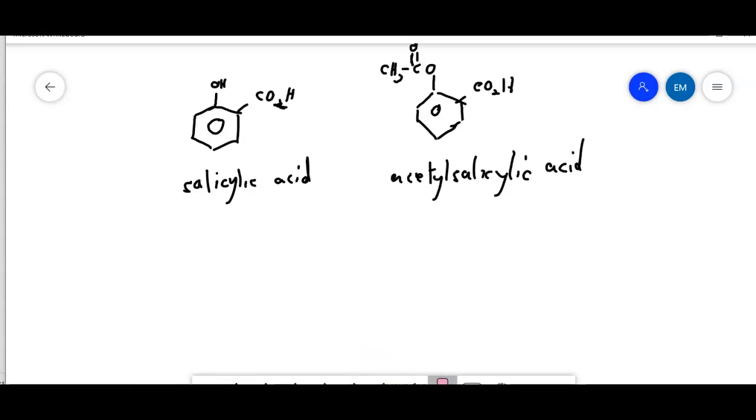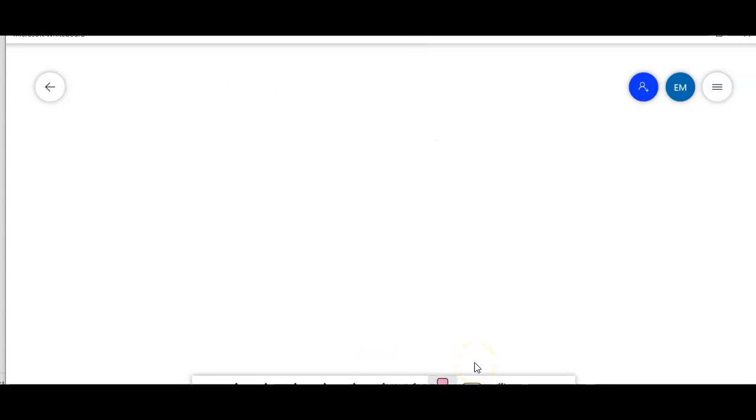To erase the whiteboard. Propanoic acid and methanol, methyl alcohol, methanol, that's right.